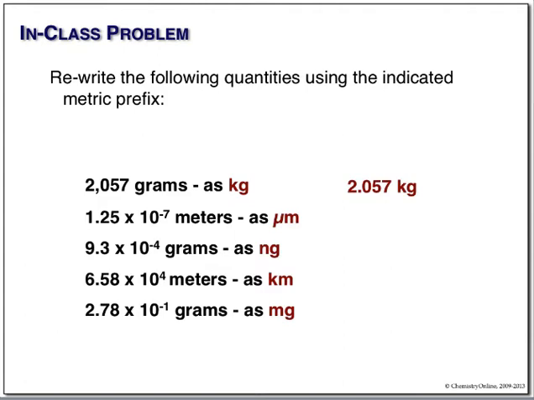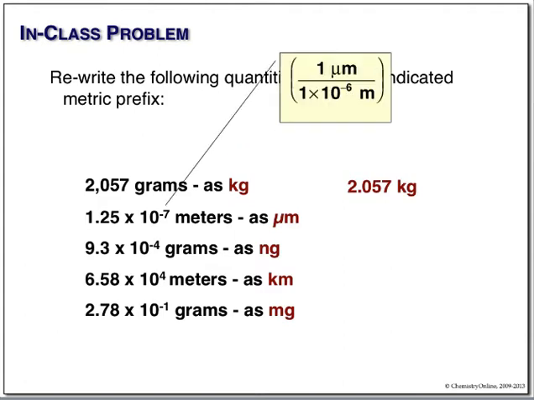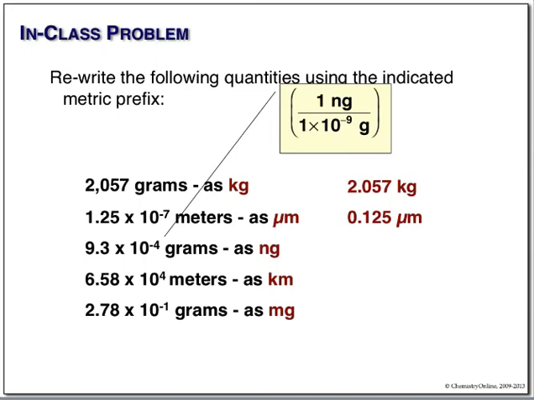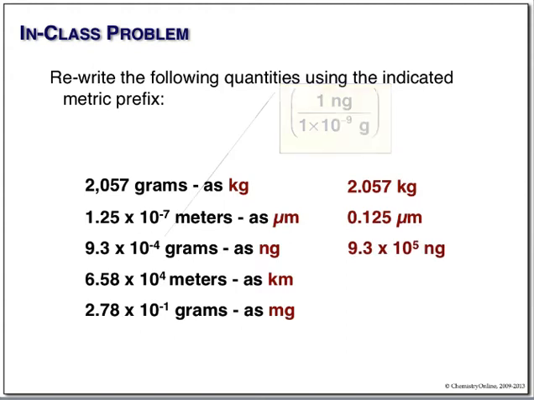Micro is 10 to the minus 6. Meter must be in our denominator. Grams to nanograms. Nano is 10 to the minus 9. Gram is in our denominator. Meter to kilometer. Kilo is 10 to the third.